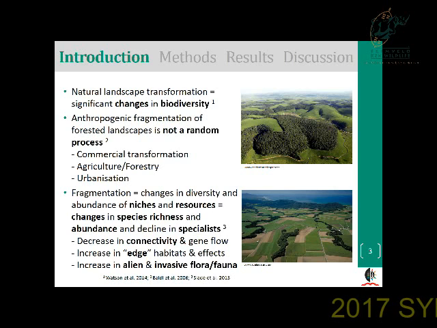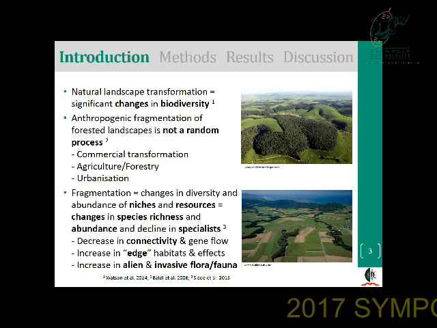And through this fragmentation effect, this progressive dividing of contiguous forest tracts into increasingly smaller and more isolated habitat patches, we see changes in the diversity and abundance of niches and resources. And as these change, we see changes in species richness and abundance of species that are dependent on these niches and resources. In particular, we tend to see a decline in specialists because they are dependent on specialised niches, which tend to be the first to go during this fragmentation effect.